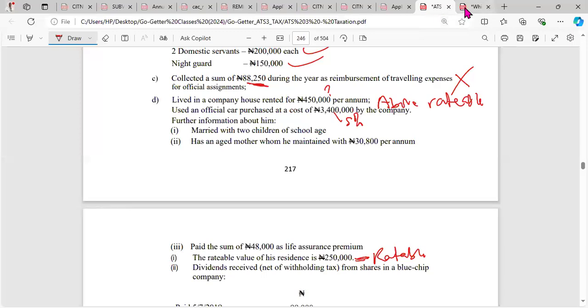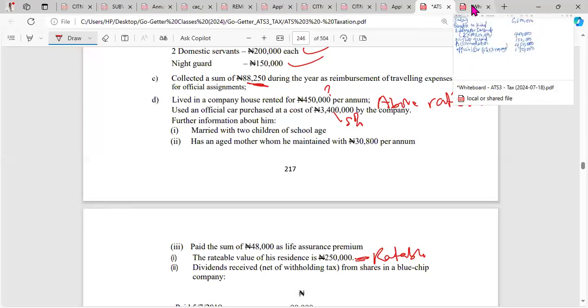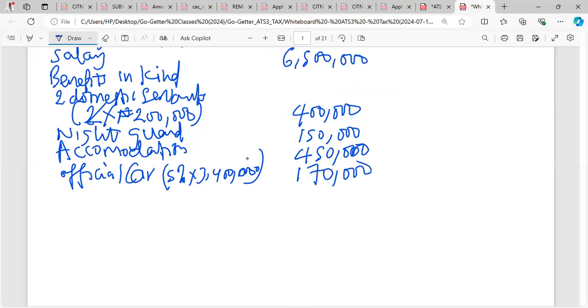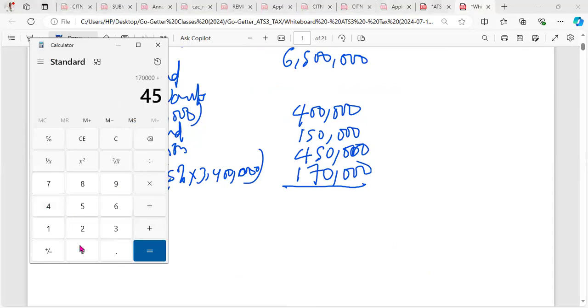So what we will now do, we will now add this up. When you add this up, what do you have? I already have 170,000 in my calculator. So I will add just the remaining ones: plus 450, plus 150, plus 400, plus 6,500,000.